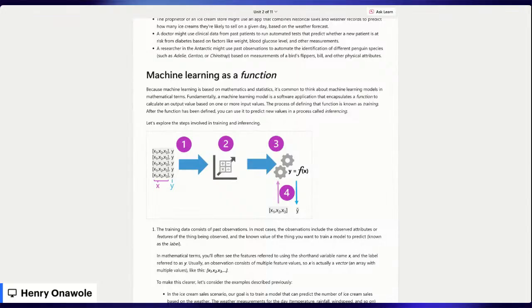Then when you have this data, you can train a model to perform all of these prediction. Let us explore the steps involved in training and inferencing.